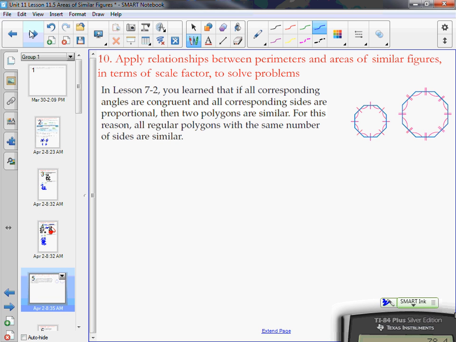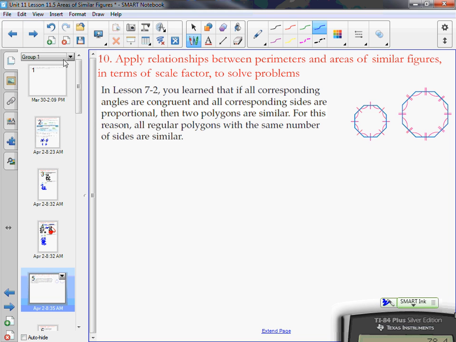All right. Again, back in Unit 7, we found out that if all corresponding angles are congruent and all corresponding sides are proportional, then two polygons are similar. For this reason, all regular polygons with the same number of sides are similar.